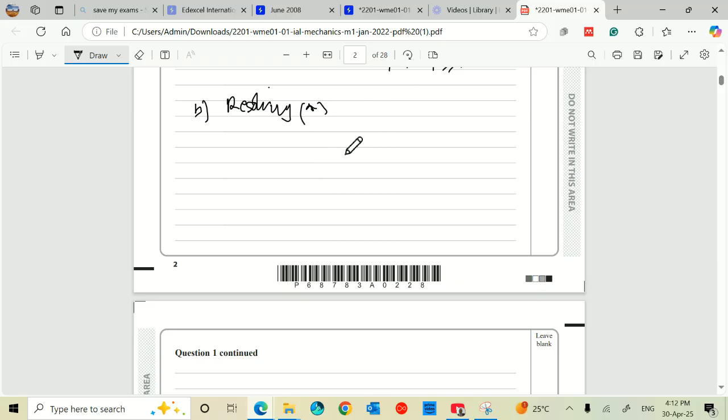That will give me T, and again I'm going into the angle, so T minus 5 cos 60 degrees is equal to 0.